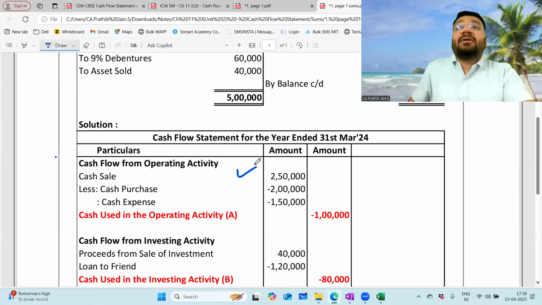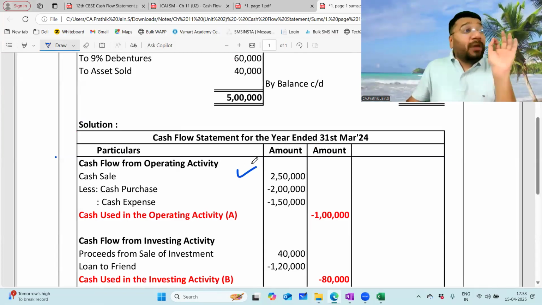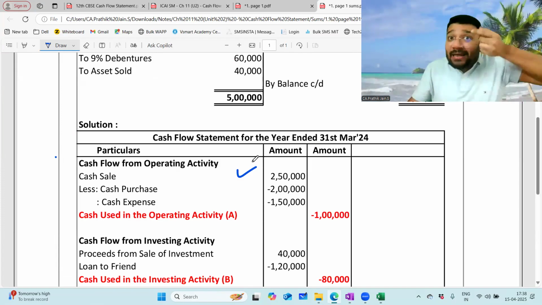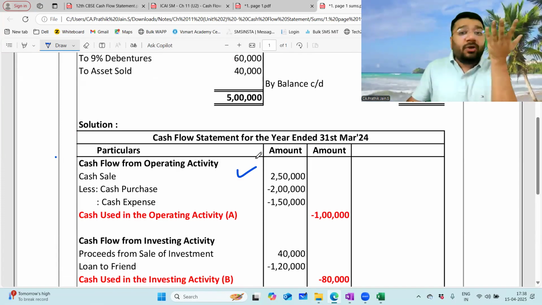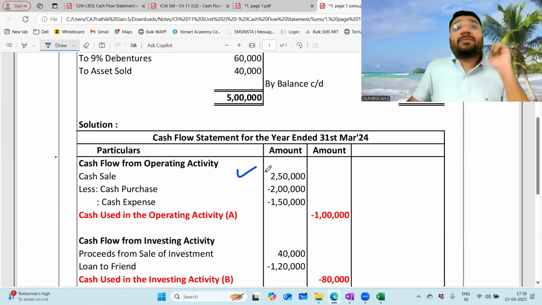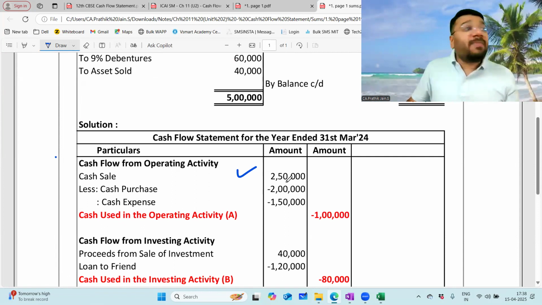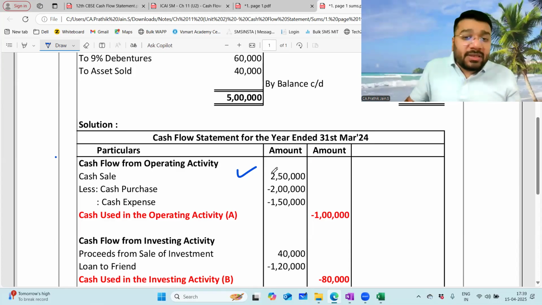Cash sale 250. Cash sale means 2,50,000 worth of goods sold and the money collected. So how much money do I have in my pocket? 250. In that, how much money have I spent? 2 lakh rupees. How much is cash expenses? 150. Correct?